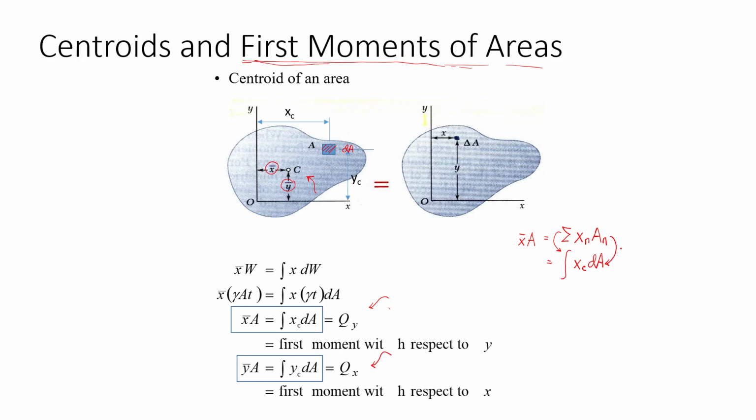So that's how the formula was derived. On the left side, that will be bar x times the total area. That will be the same for bar y as well. So solving bar x separately, then after solving bar x, you're going to solve for bar y.